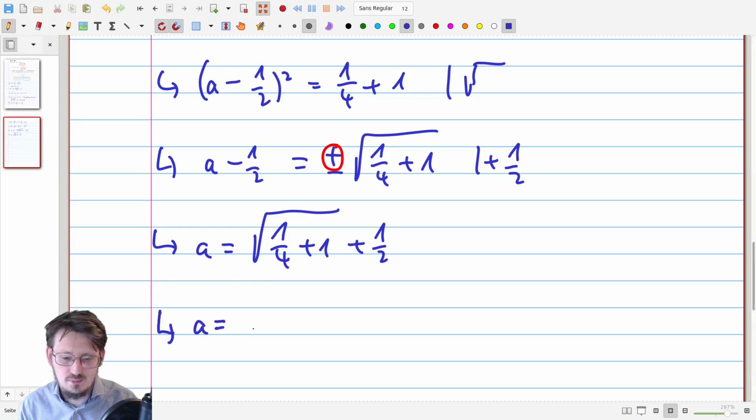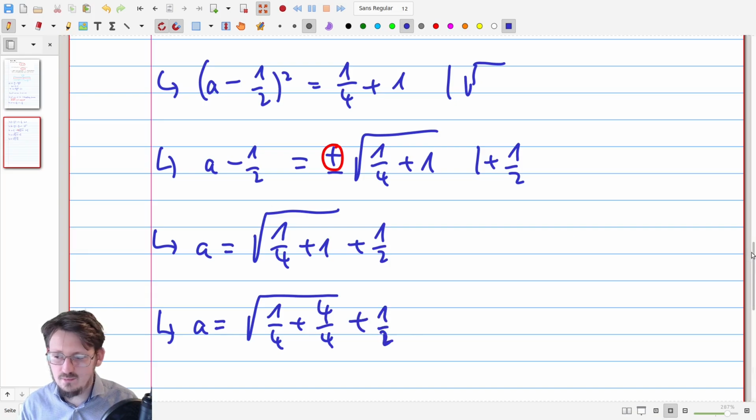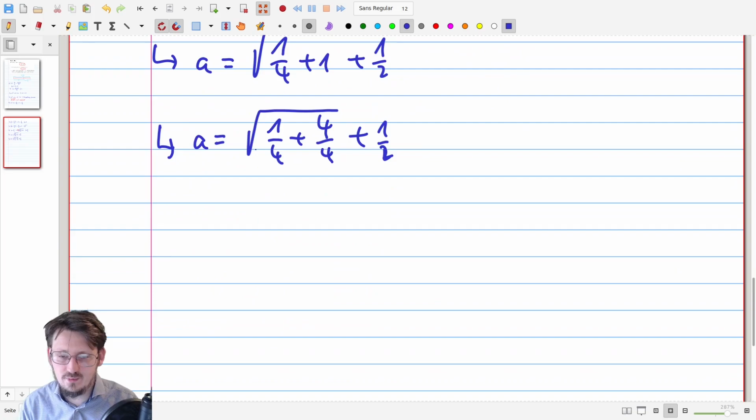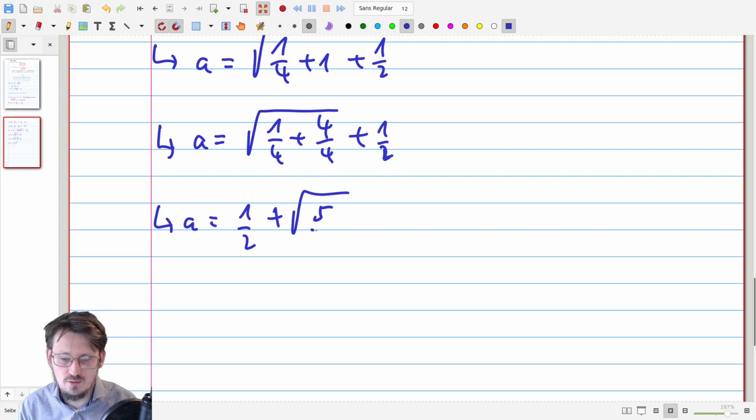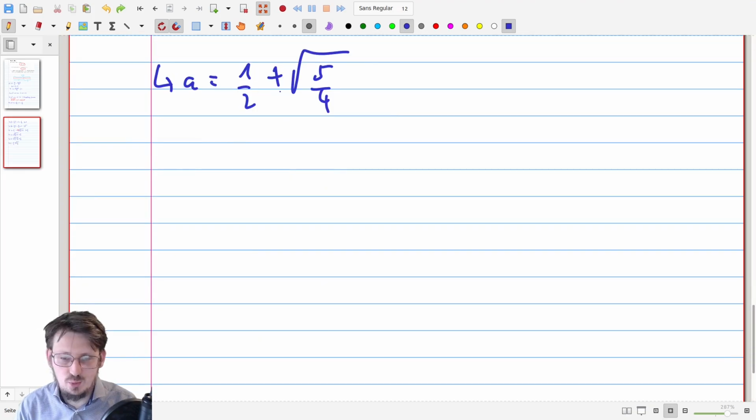So this means we have a equal to the square root of 1/4 plus 4/4 plus 1/2, and we can also bring this 1/2 in front. This is then, of course, a equal to 1/2 plus the square root of 1 plus 4 is 5, so this would be 5/4. The next step which you can do is bring this to a form which you usually find in the literature.